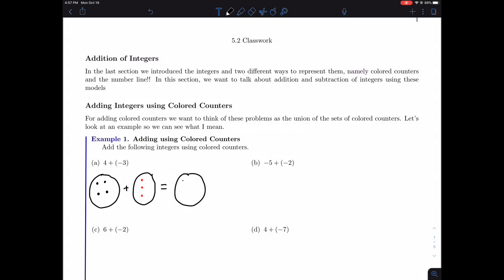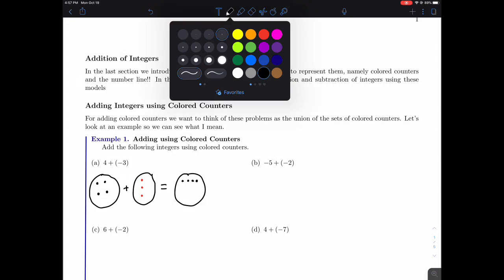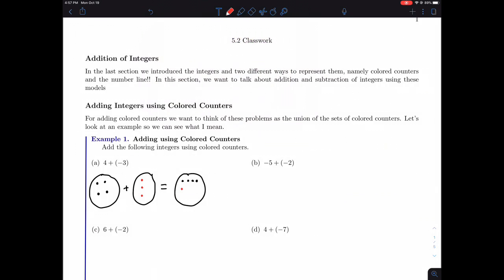So what I'm going to do is put my 4 black dots in there, and then I'm going to put my 3 red dots in there. And now I'm going to do what I talked about before by doing the zeros to figure out what stays and what goes. Since I've got this black and this red, that's the same as a 0, so that's just going to go away.